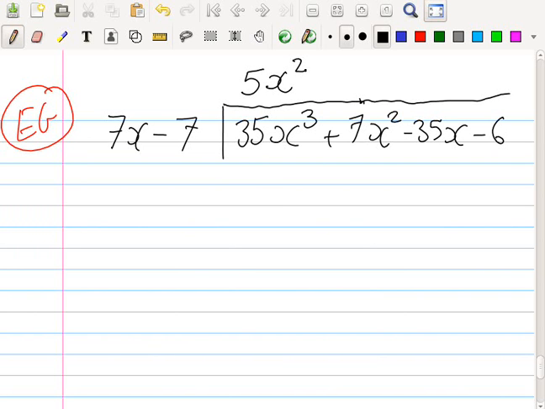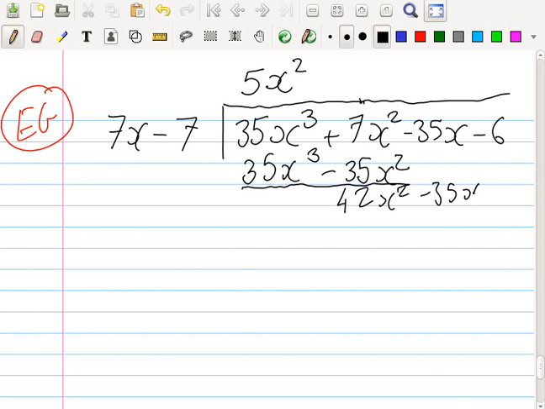Then you do the multiplication, and you get 35x cubed minus 35x squared. And then you do the subtraction. 7 minus 35 is 42x squared, and then carry those down. So that's the first part done.